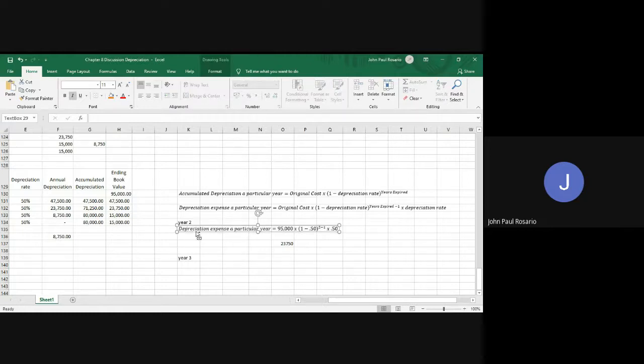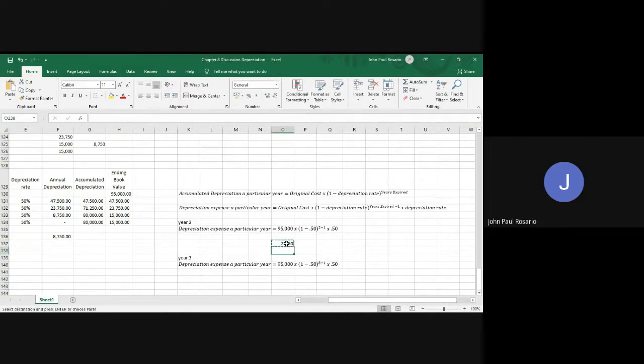Okay, but you have to be careful, because for example, on year 3, it will be very different. If you would do this, let's see. Okay, this is the unadjusted depreciation expense that we got, right? Remember? But we adjusted it to maintain our 15,000 salvage value.